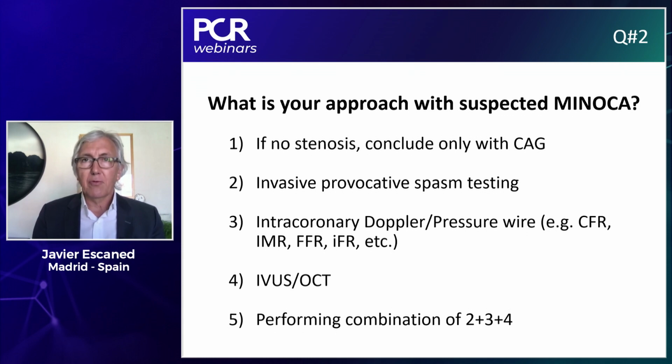But once said that, I have to be honest: whenever we have an acute situation where the ST changes have happened only 1 hour before, we probably will not proceed immediately to intracoronary acetylcholine, but we will be more focused on trying to understand if we see any clues from the perspective of the substrate.